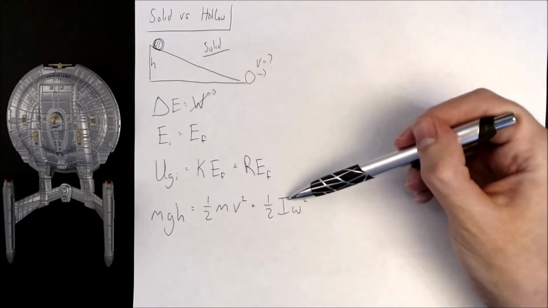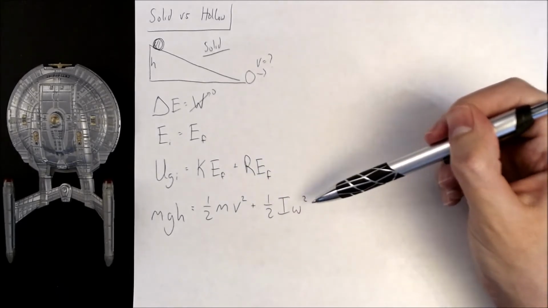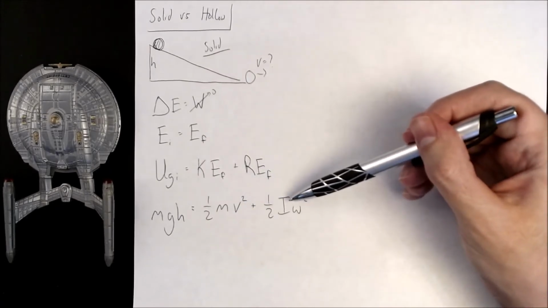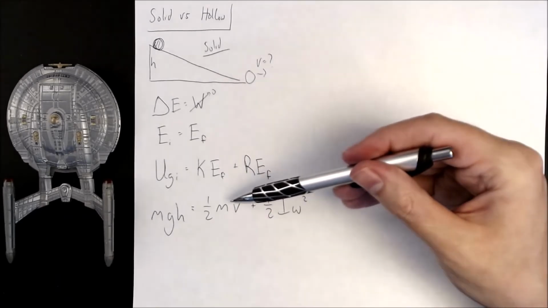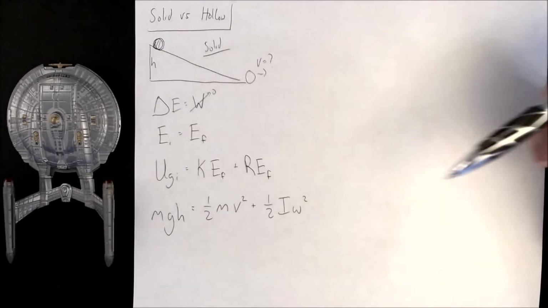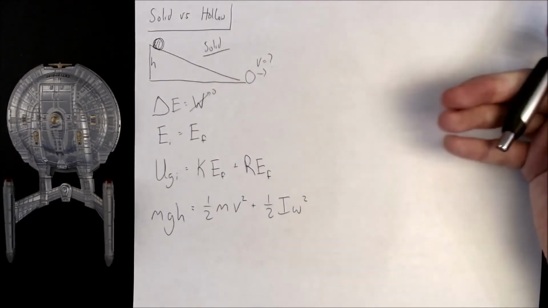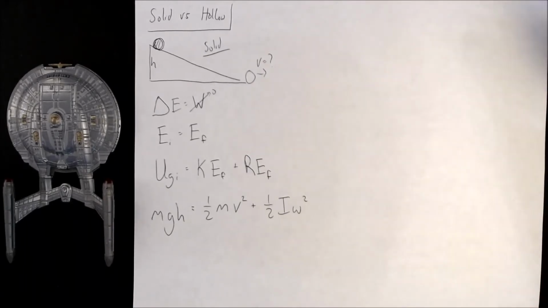So in a way, just like how omega, the angular velocity, was the angular version of velocity, I, the moment of inertia, is the angular version of the mass. Mass is how difficult it is to accelerate something linearly, and I is how difficult it is to rotate, to spin something, to move something at an angle, to rotate something.